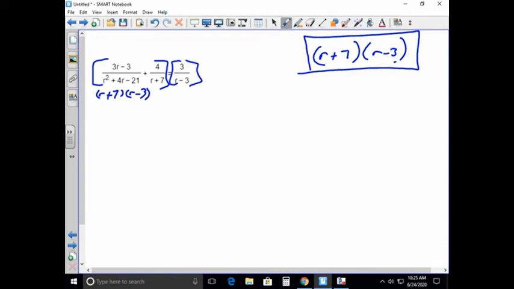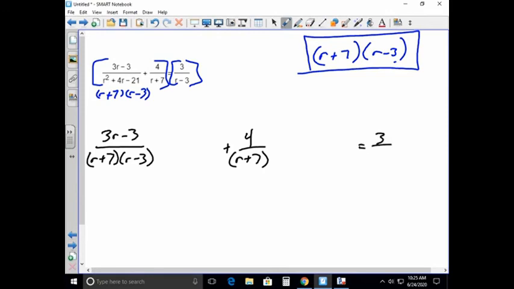So let's start out by copying down what we have on the left. We have 3r minus 3, and let's write that denominator as r plus 7 times r minus 3. Then we have plus 4 over r plus 7. And then on the other side we have 3 over r minus 3.